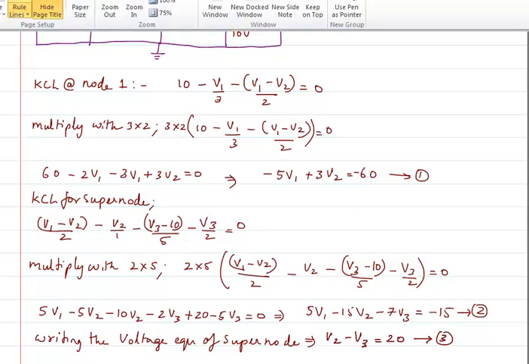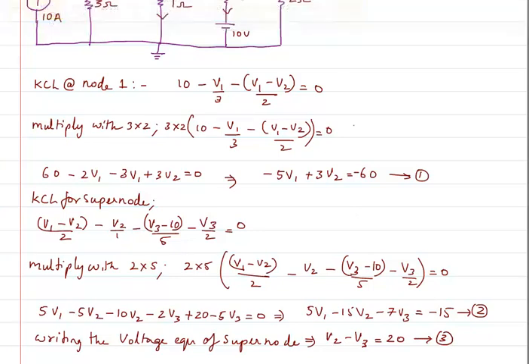So we have to solve it using calculator, as I have already told you. Here we are having V1, V2. For V3 the coefficient is going to be equal to 0. Whereas in the second equation we are having V1, V2, V3, and in the last equation there is no V1. So it is 0 V1 plus V2 minus V3 is equal to 20.